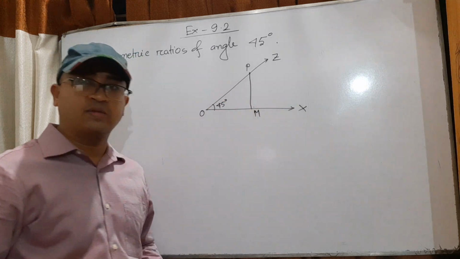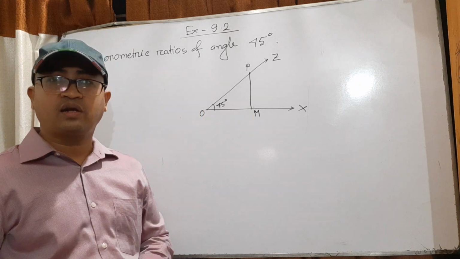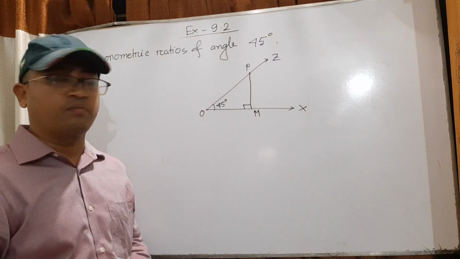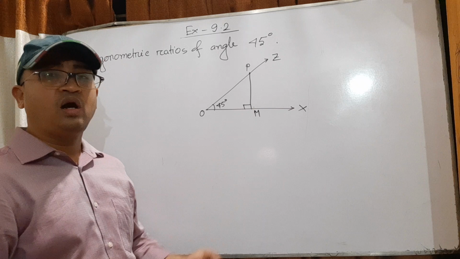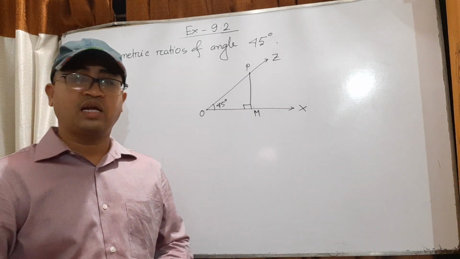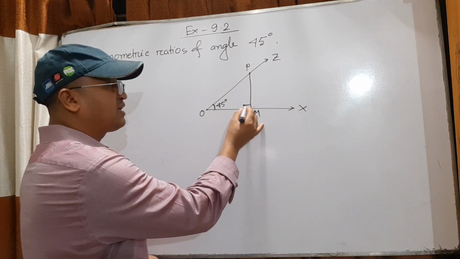to OX. So PMO is a right angle triangle because PM is a perpendicular to OX, so PMO is a right angle. Look, this is 45 degree and this is 90 degree.